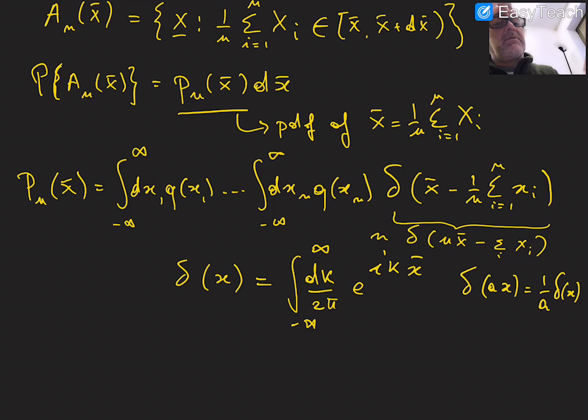And then using this, we can rewrite this as n times the integral dk over 2 pi from minus infinity to infinity.